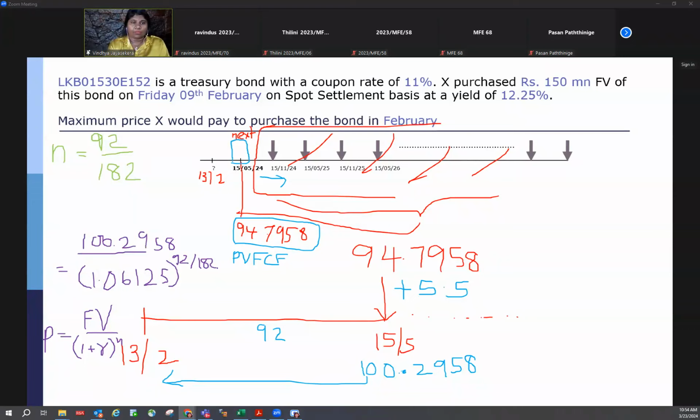So if you do it like that, it is completely wrong. You won't get the answer for your bond calculation, and conceptually 12.125 is not the AER.